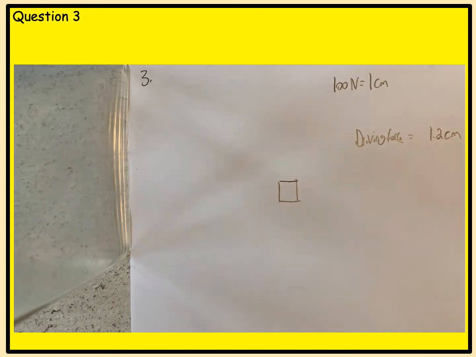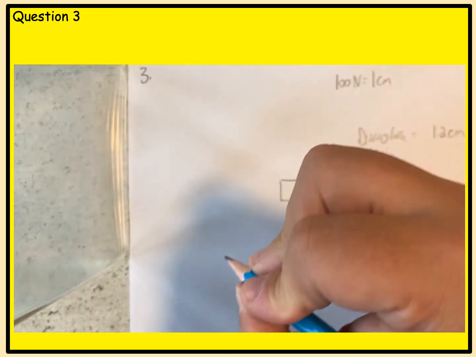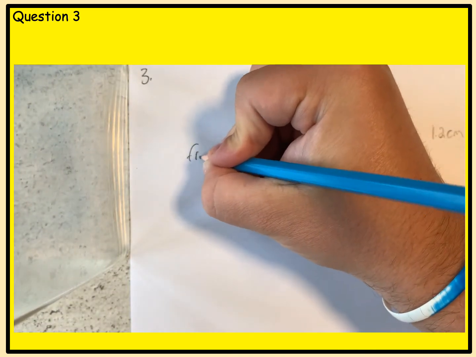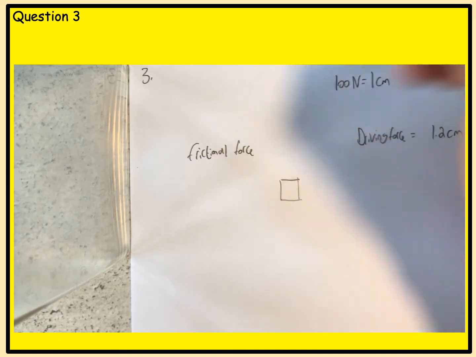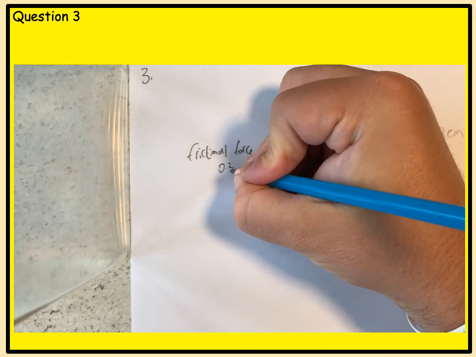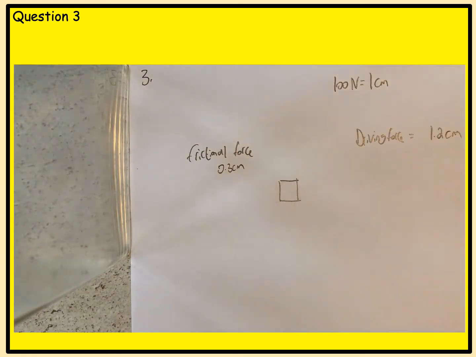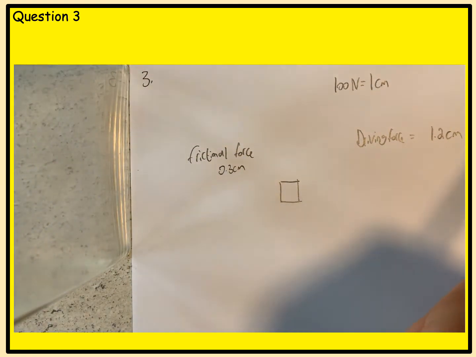Reasonable size for an arrow, not massive, not tiny. We can also say that our frictional force would be around 0.3 centimetres. Quite small, but it represents the frictional force quite well.